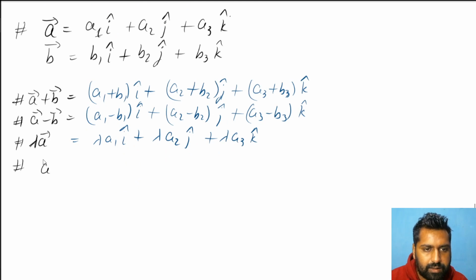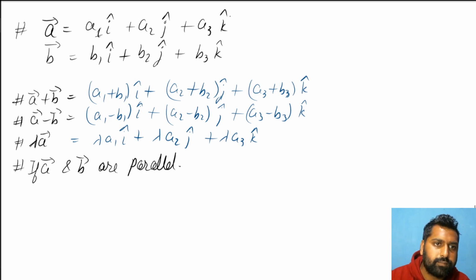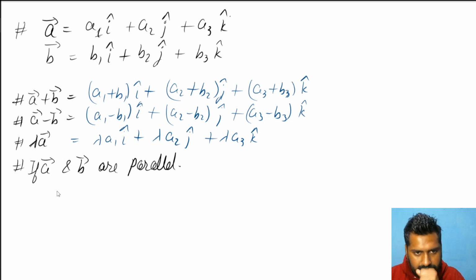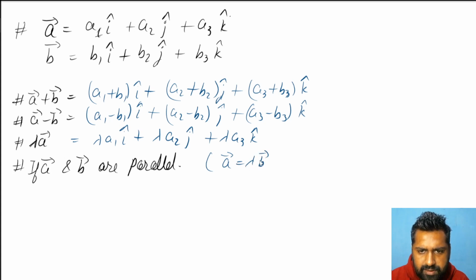So if a vector and b vector are parallel, in that scenario, I have the tendency to write it short, learn it like this. a vector should be lambda times b vector, meaning you should be able to write a vector as some number times b vector. If I can write a vector as lambda times b vector, they are parallel.